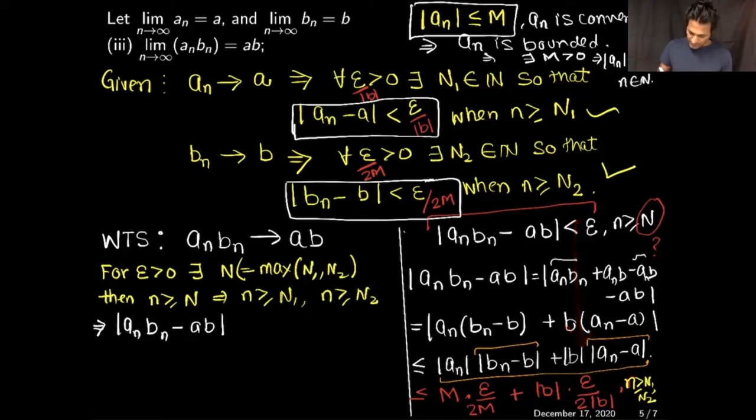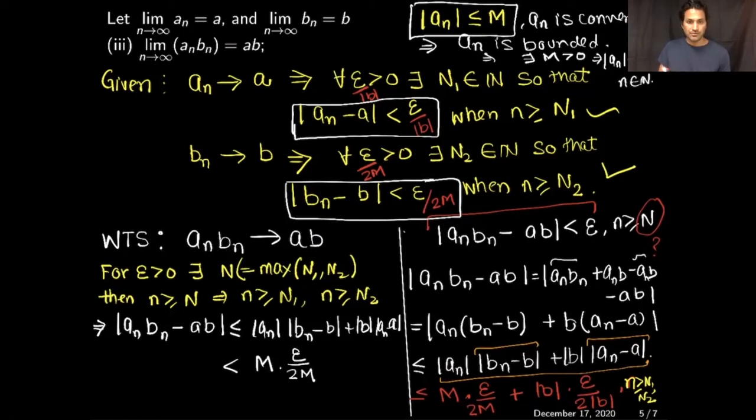According to this manipulation, this term is less than or equal to |an||bn − b| plus |b||an − a|. And |an| is less than or equal to m, and |bn − b| is less than epsilon divided by 2m, because n is bigger than n2.